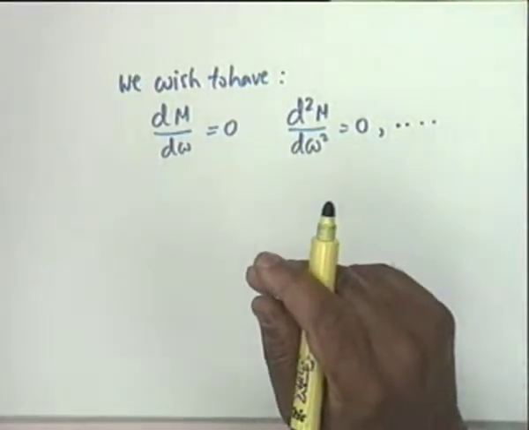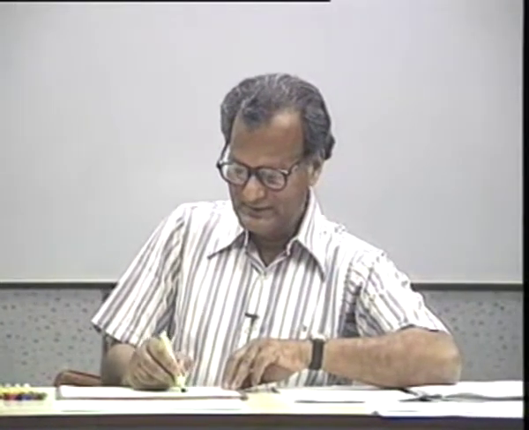Now how many should be possible? You see, 2 or 3? Only two are possible. The third automatically comes, as you will see. All right, let us see. The way to visualize this is, M squared of omega is a rational function. You convert this into an infinite series.